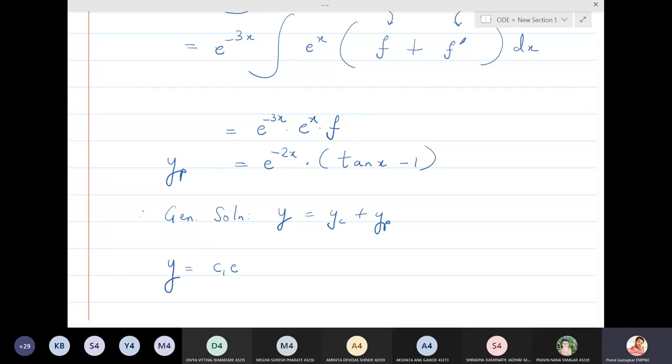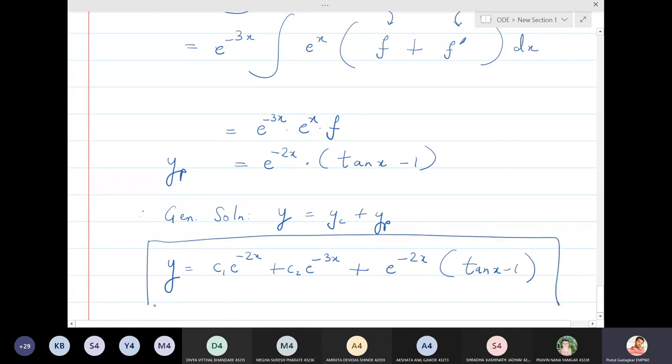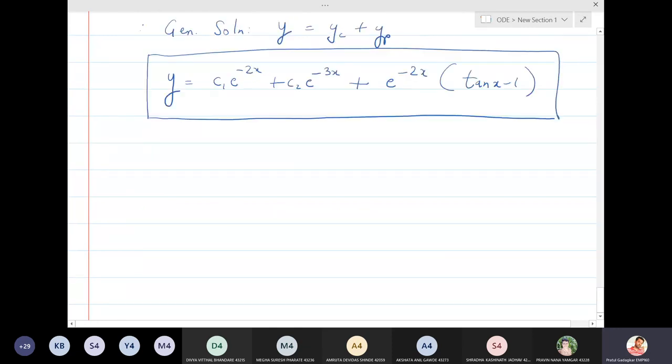What was the complementary function? The complementary function was c1 e raised to minus 2x plus c2 e raised to minus 3x plus e raised to minus 2x into tan x minus 1. So this is very lengthy. Okay, let us take the next question.